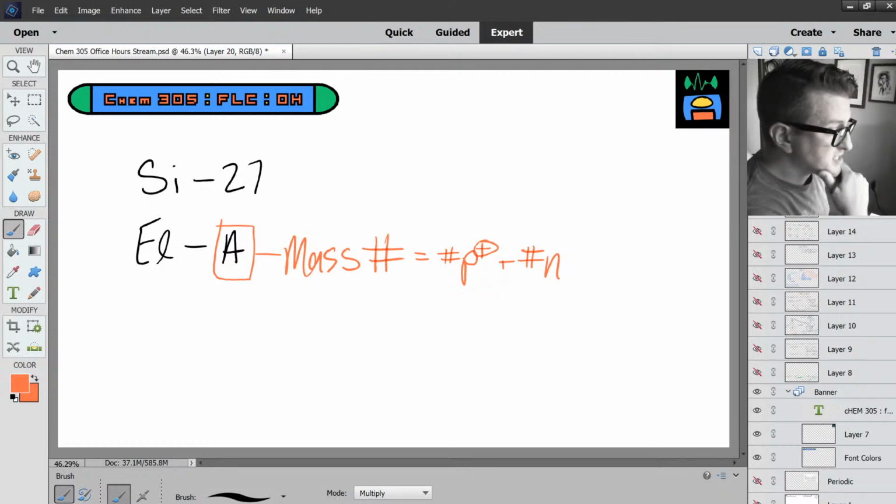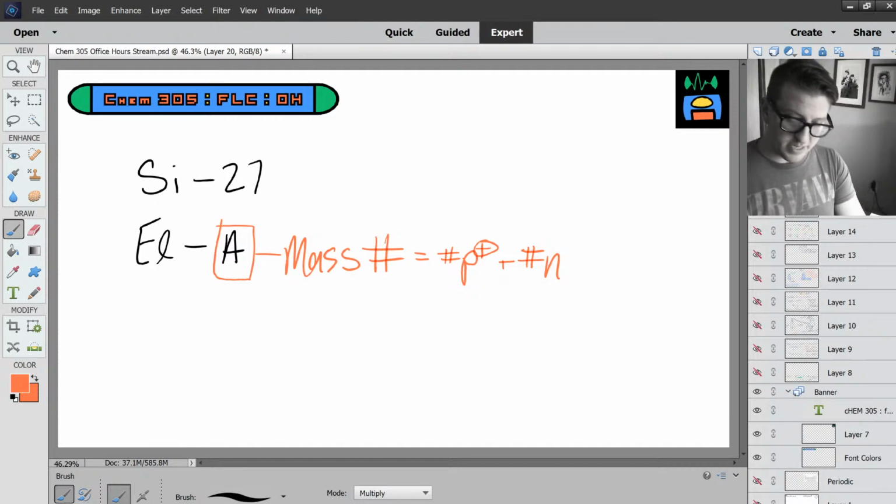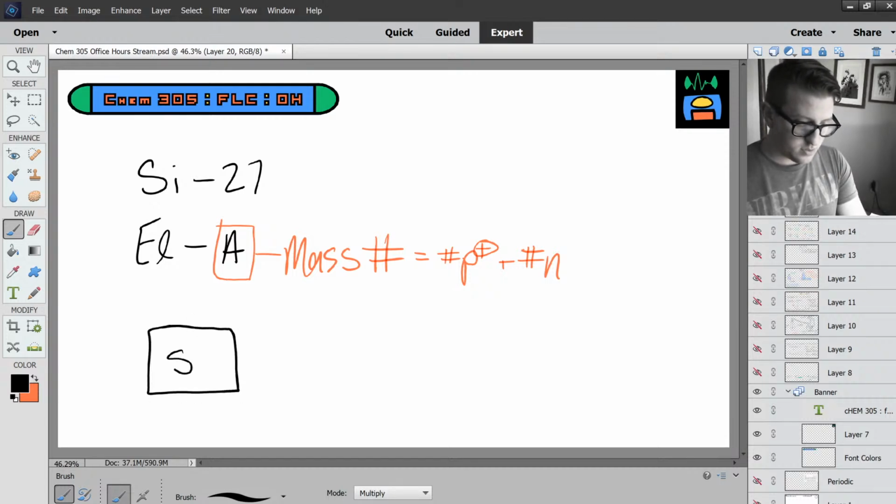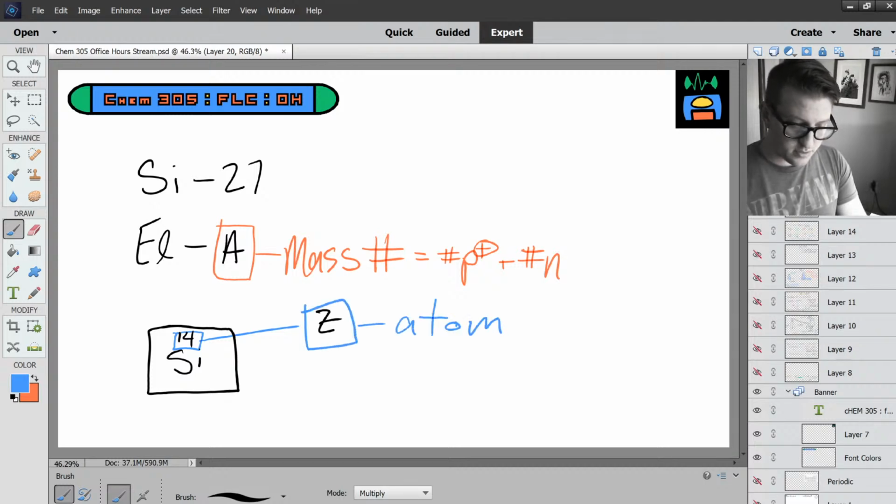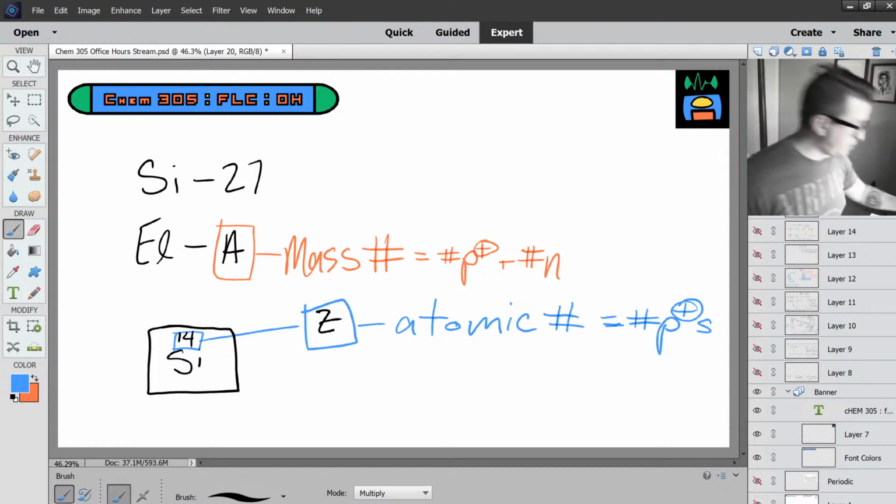And then when you're being asked to find the amount of protons in that element, yep, you can just go to the periodic table, because on the periodic table, you'll have silicon 14, and right up here, floating above every element, is Z, which is the atomic number, which is just the number of protons. You are spot on correct.